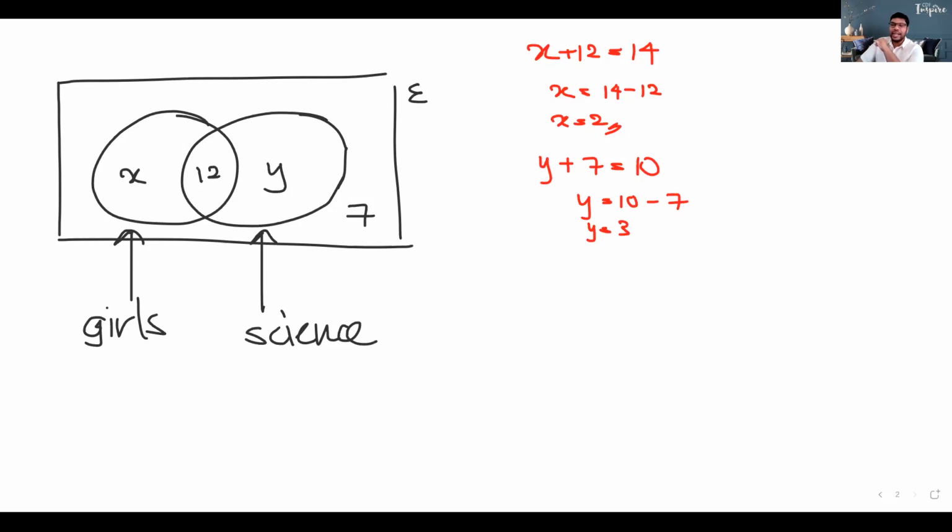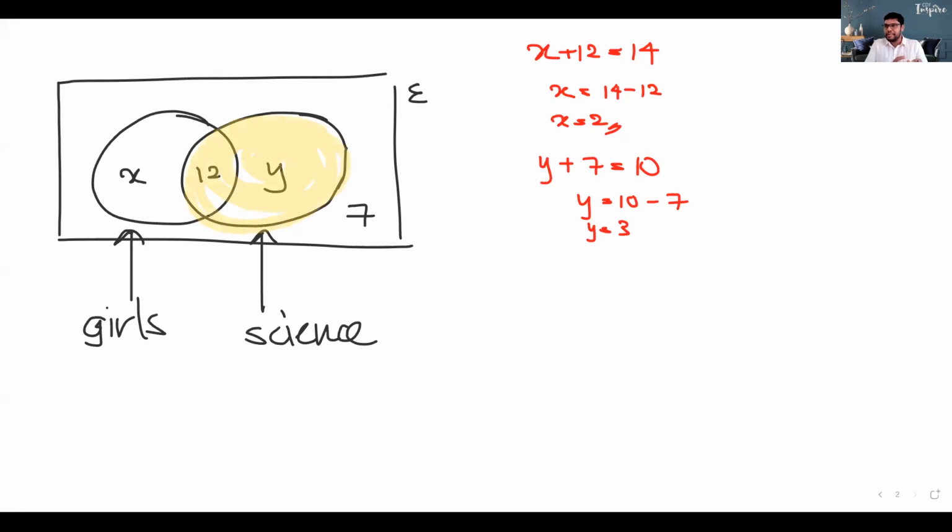Why is that? It has to be 7. I think he just realized it. He got confused with women apparently. No problem. So children, it has to be 7 because inside this circle are all of the science children.